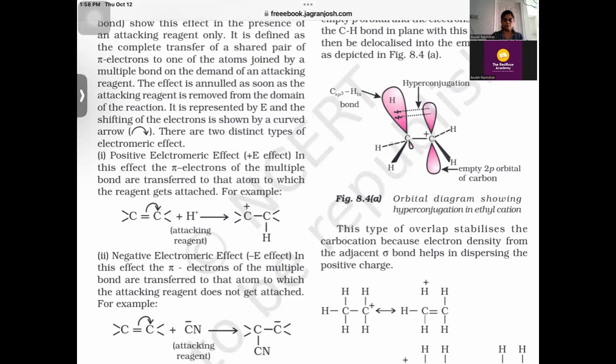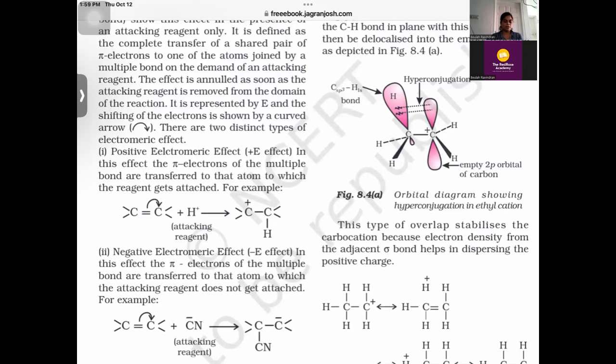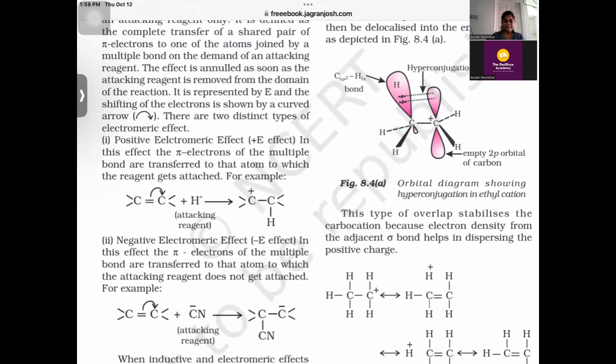Like that, it is removed from the domain of the reaction. Got it? This is very important because the atom does not hold that many substituents in its four places. So, in order to add more, this attacking reagent will be removed. Got it? So it is represented by E. This is the electromeric effect. Represented by E, that is shifting of the electrons shown by a curved arrow.